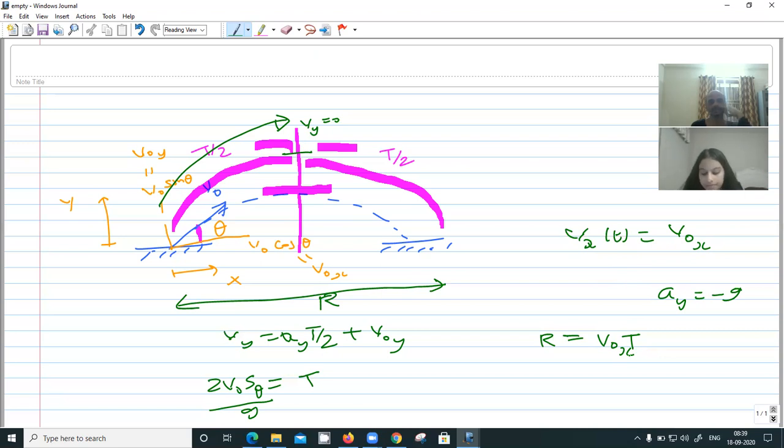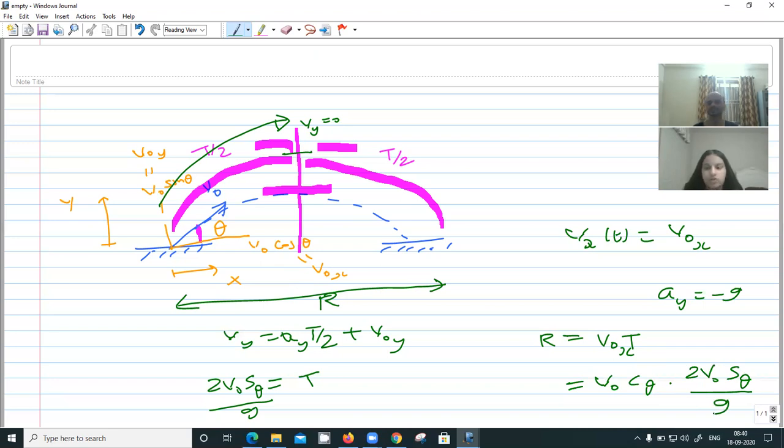Capital T is the total flight time, and capital T I have found. And what is V naught x? It's V naught cos theta, and capital T is 2 V naught sine theta by g.